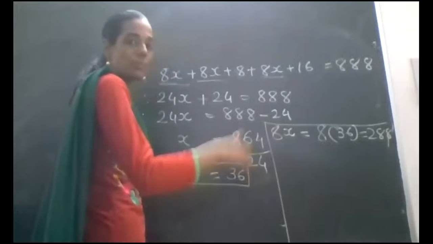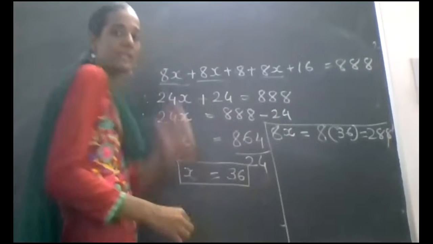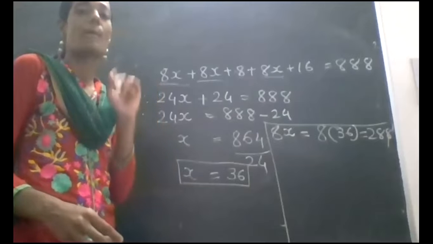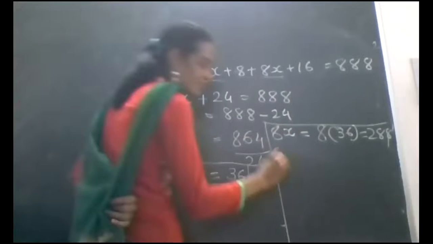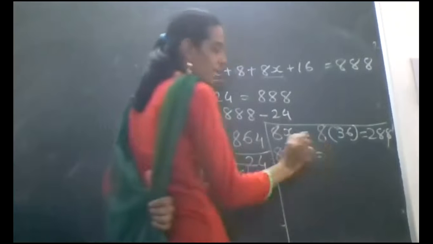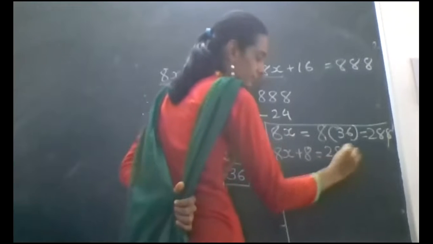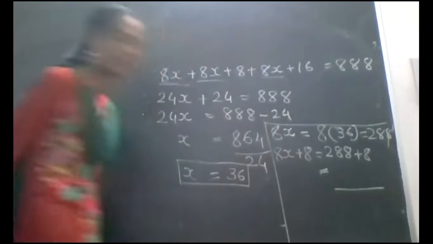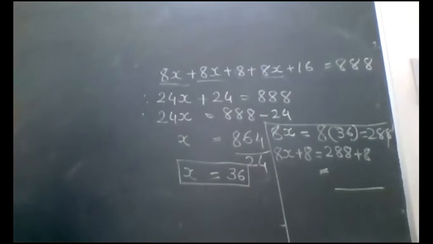Very good. Now, second consecutive multiple of 8. That whole sentence you have to write. Second consecutive multiple of 8 is 8x plus 8, that is 288 plus 8.